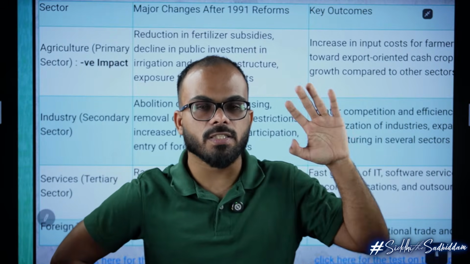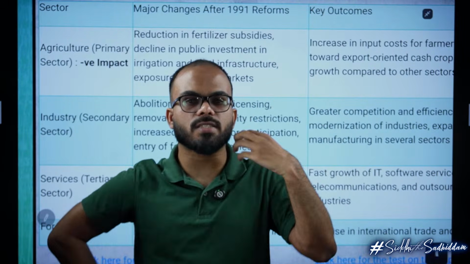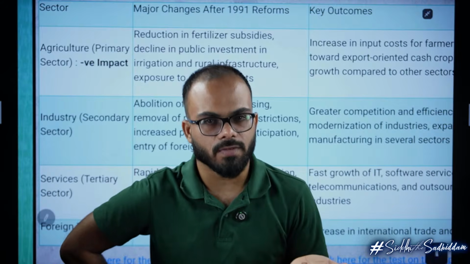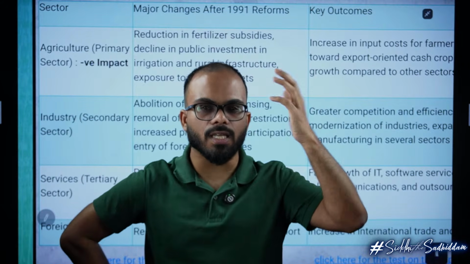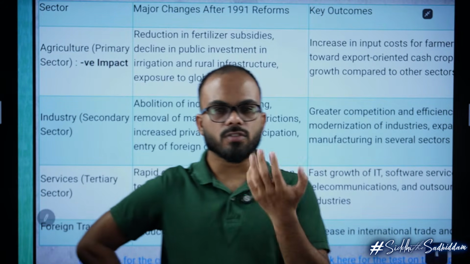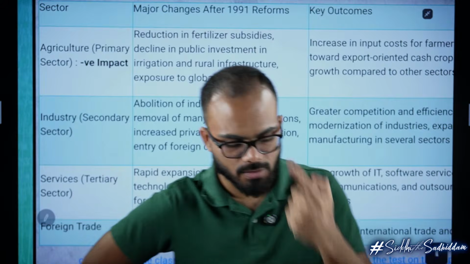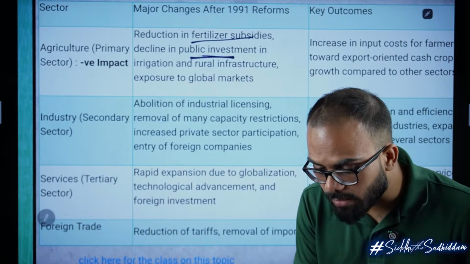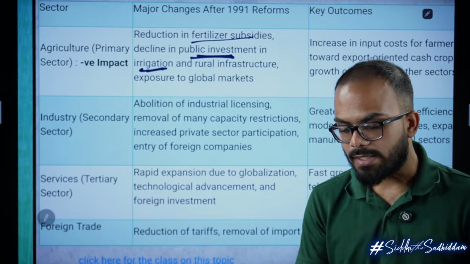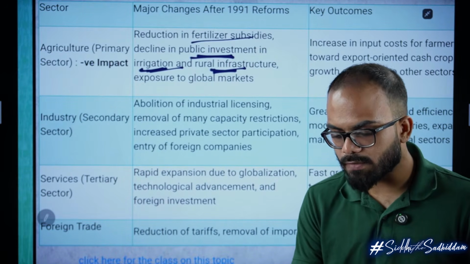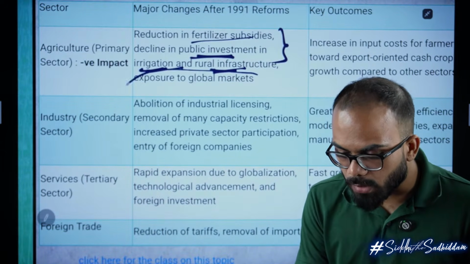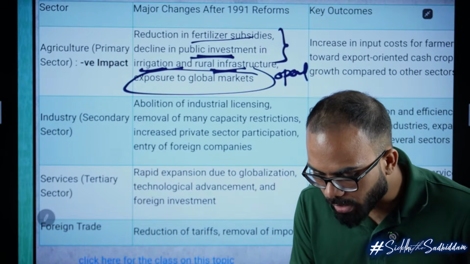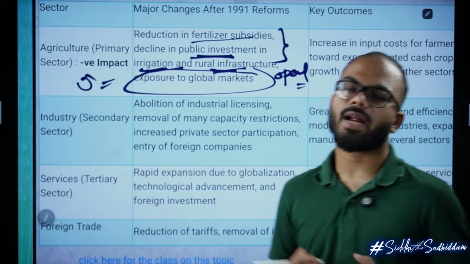Government did not have the space to invest in agriculture at this point of time, so investment in agriculture has come down. Of course, subsidies were declined, but public investment declined especially in irrigation and rural infrastructure. Global markets were opened up. Because of this, the agricultural sector had negative impact.